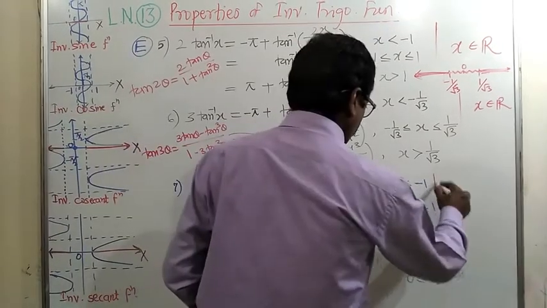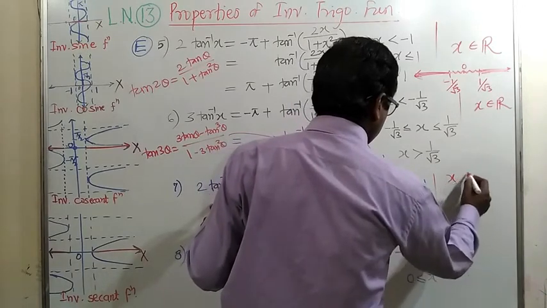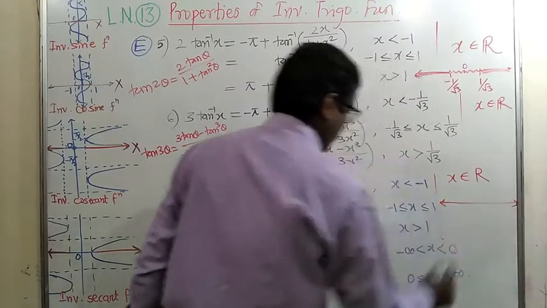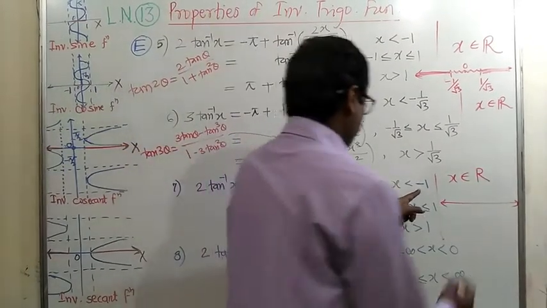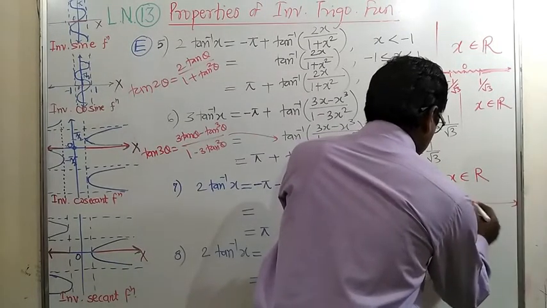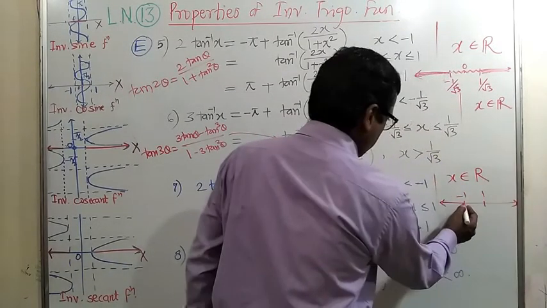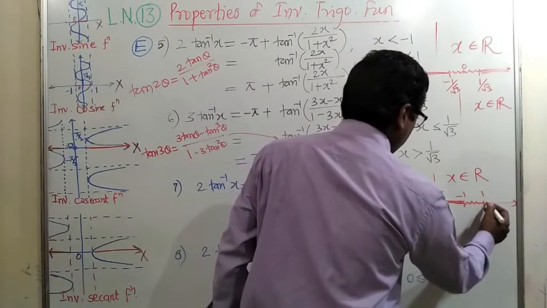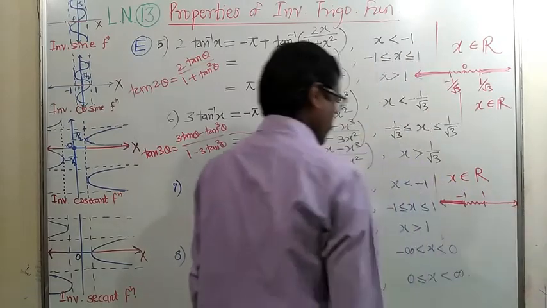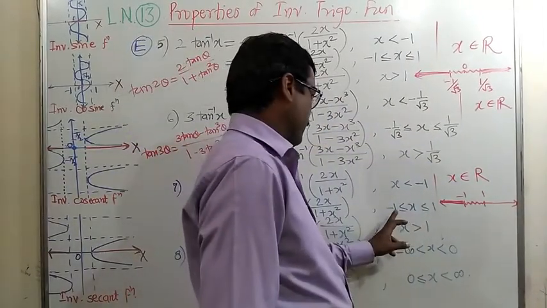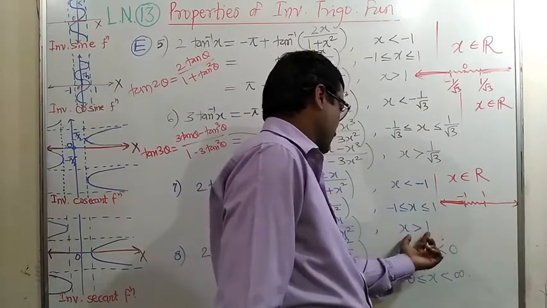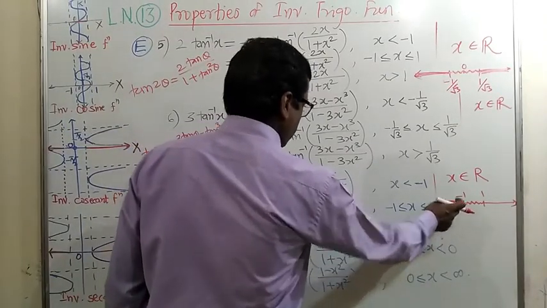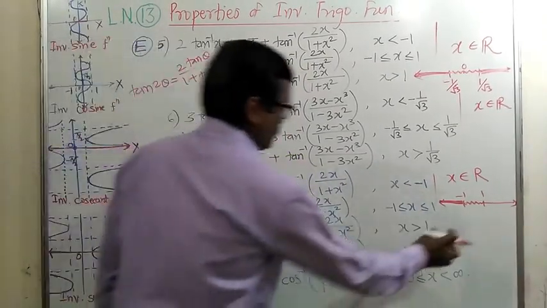Again, the domain for the inverse tangent function is x belongs to R. This set of real numbers is divided into 3 intervals: x less than minus 1 is first, x from minus 1 to 1 is second, and x greater than 1 is third.